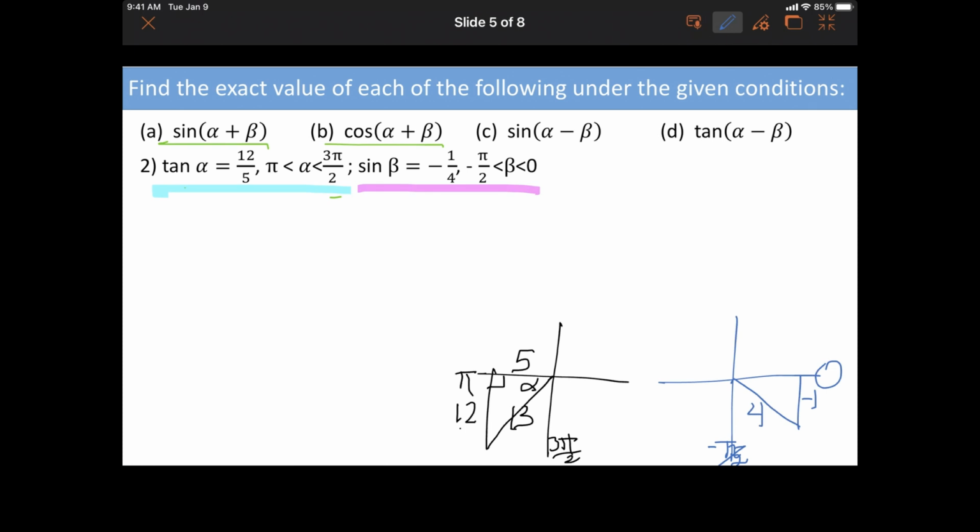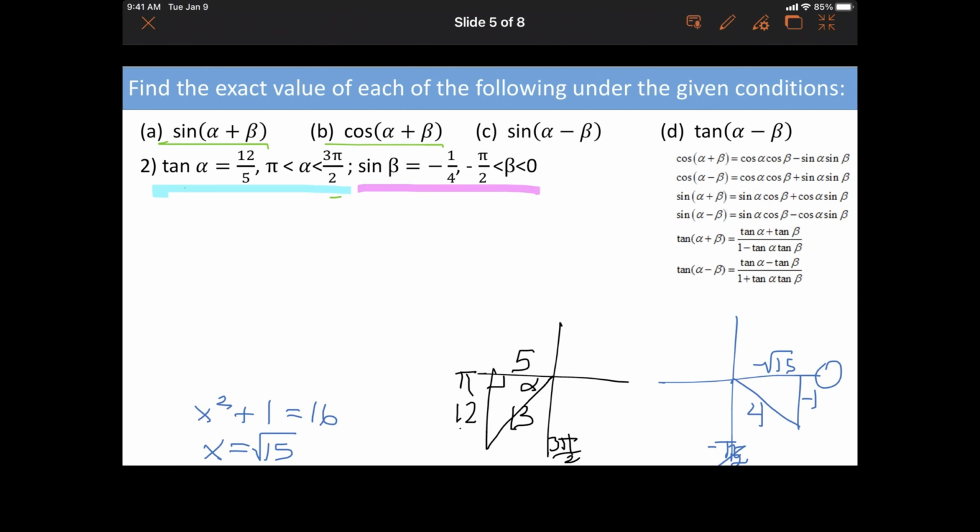So this one I actually don't know. So it's going to be x squared, negative 1 squared is 1, 4 squared is 16. So x equals the square root of 15. Right, and then I'm going to look at my formulas.